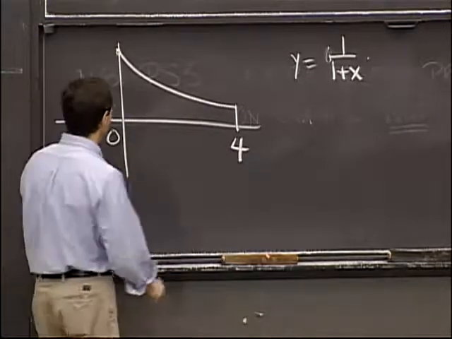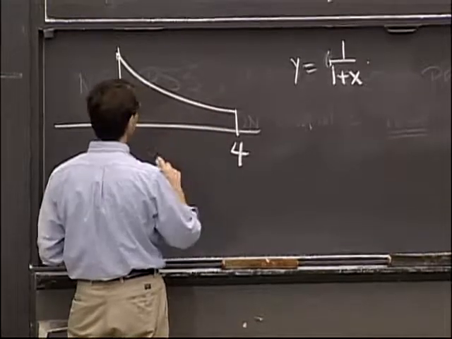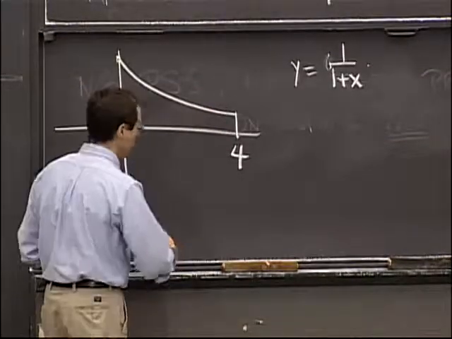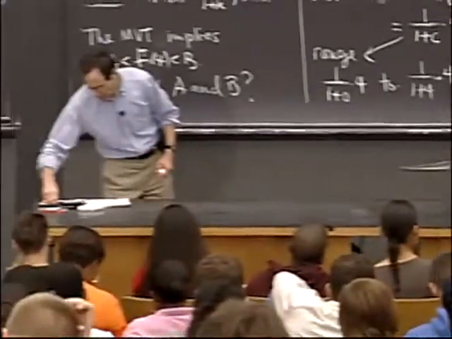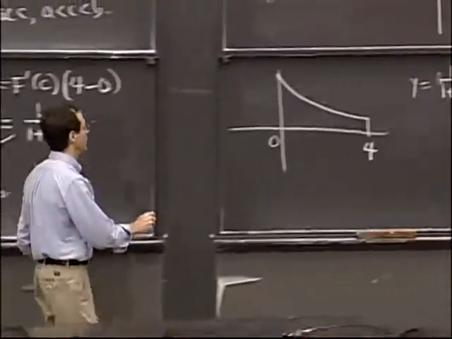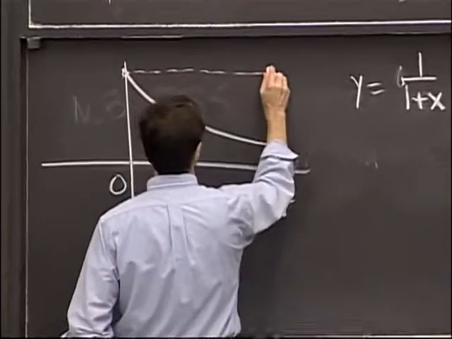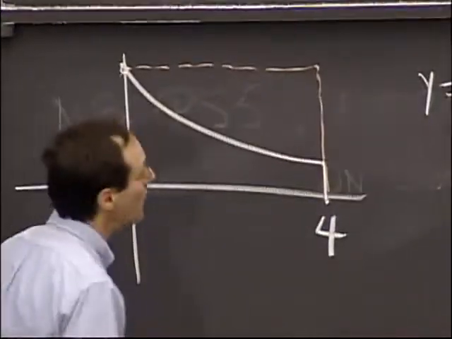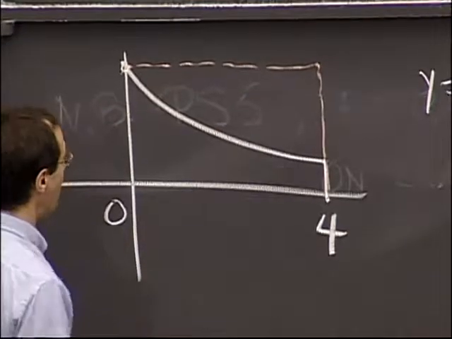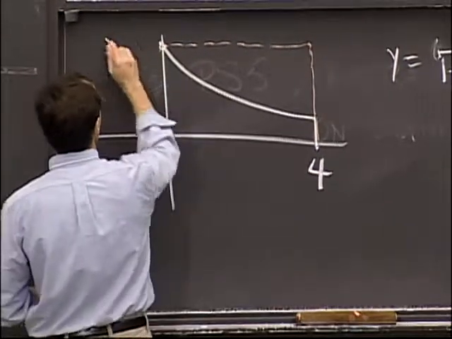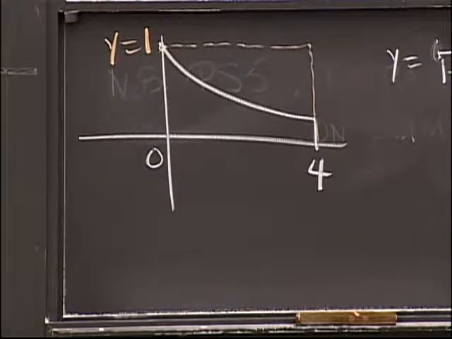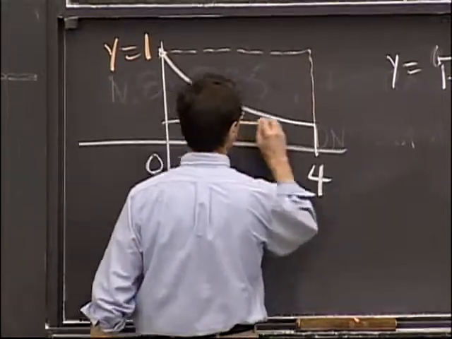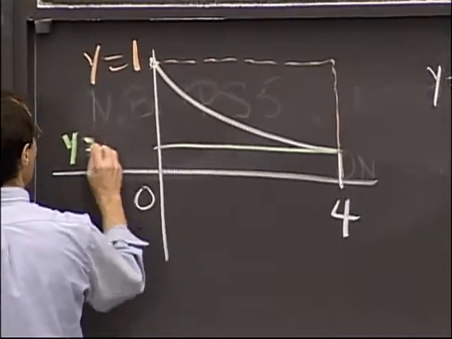And the first estimate that we made, that is the upper bound, was by trapping this in this big rectangle here. We compared it to the constant function, which was 1 all the way across. This is y equals 1. And then we also trapped it from underneath by the function which was at the bottom. And this was y equals 1/5.